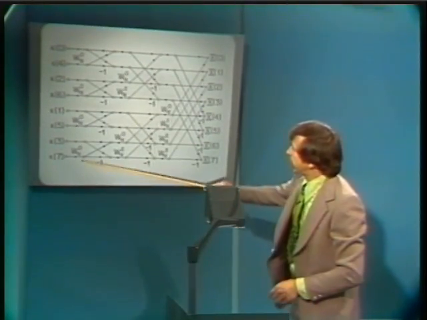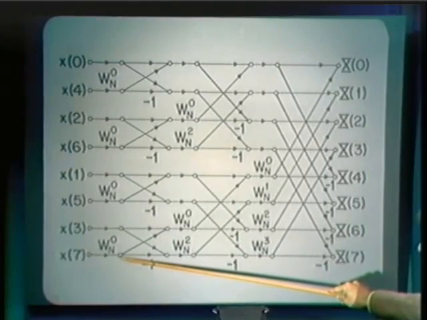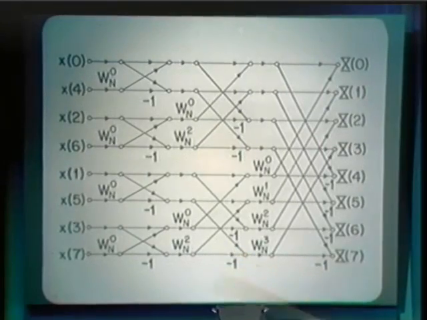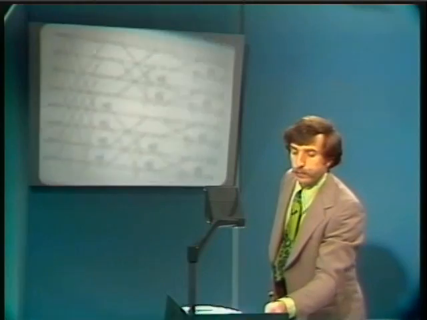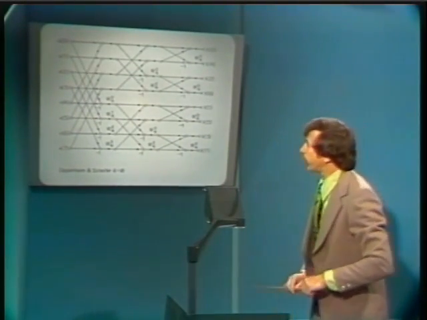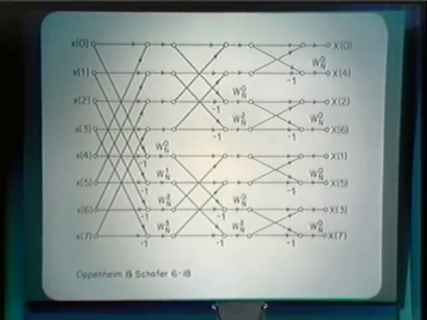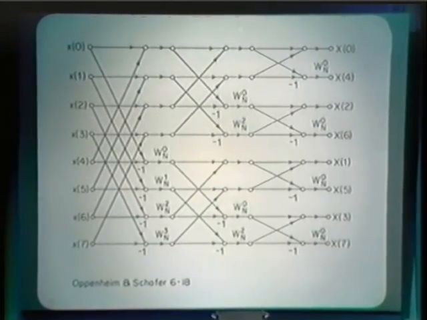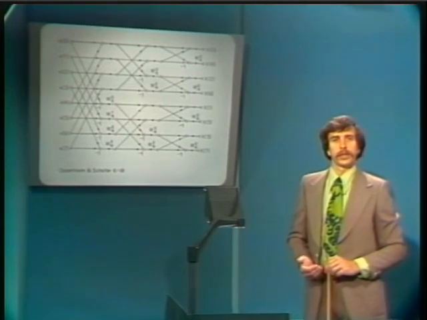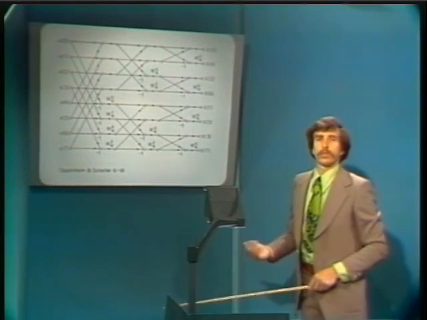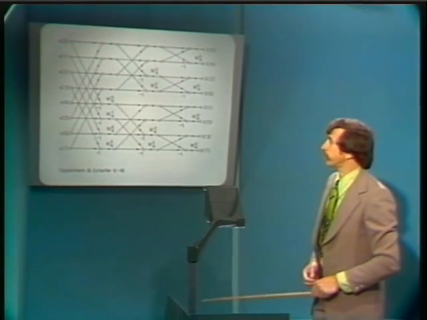So this is the decimation-in-time form of the algorithm with the input bit reversed and the output in normal order. This is the transposition of this flow graph, which is the decimation-in-frequency form of the algorithm with the input in normal order and the output in bit reversed order. The fact that these are related through transposition isn't a particularly important point from a practical point of view, but it is a useful piece of insight into the relationship between these various algorithms.